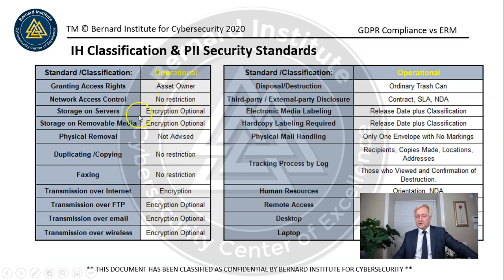You might need to use encryption when you're using it on storages or removable data. So here it's optional, but here it's mandatory. So this is operational data. Operational data is generally something that we can share with people that we work with who are external. So for instance, an auditor or a third party who has questions about our environment or our security, there may be something that we can share that's been sanitized somewhat, and that's easy to share.